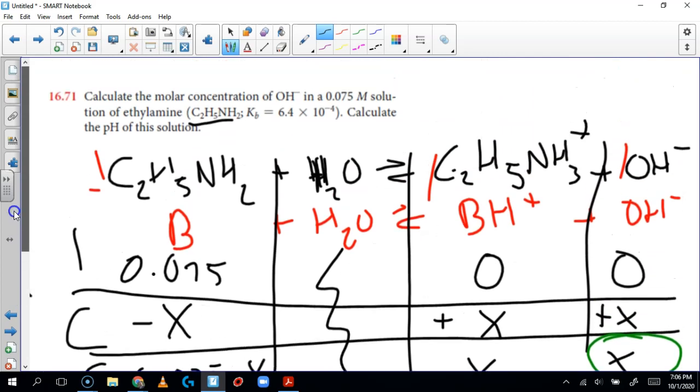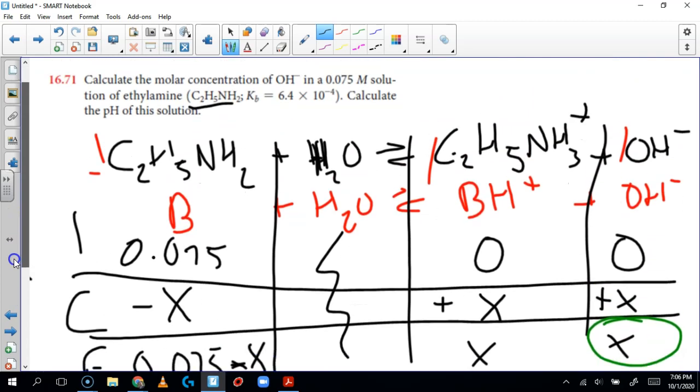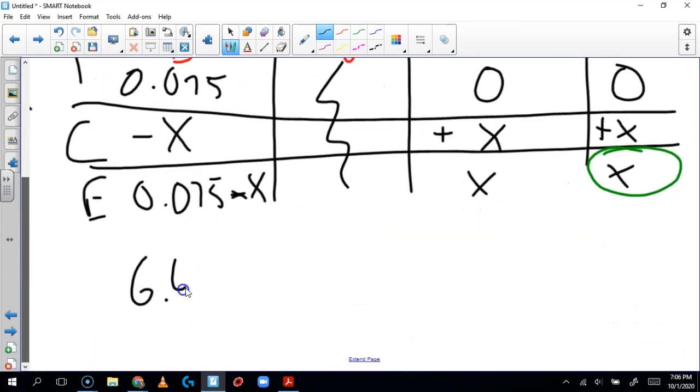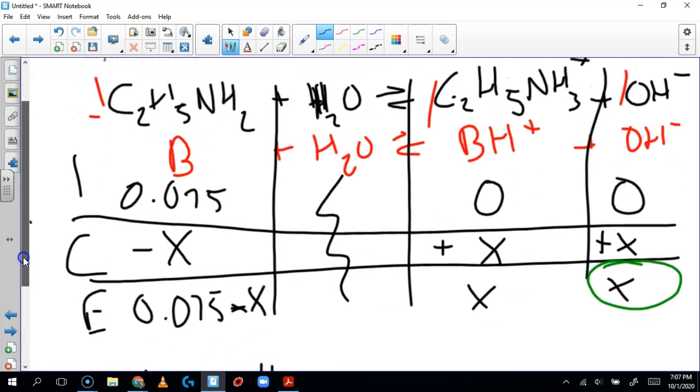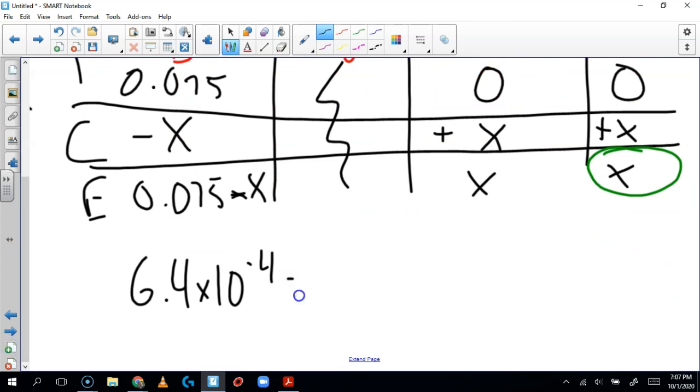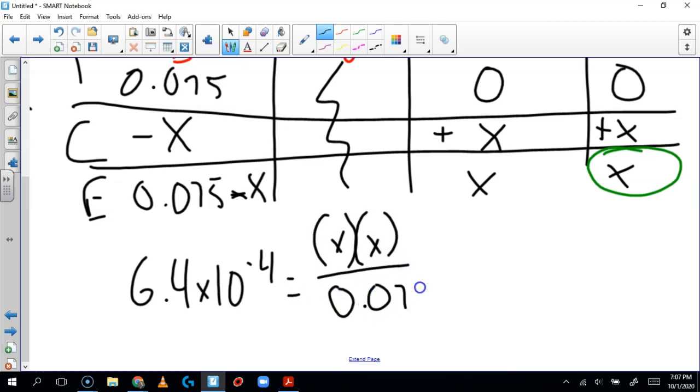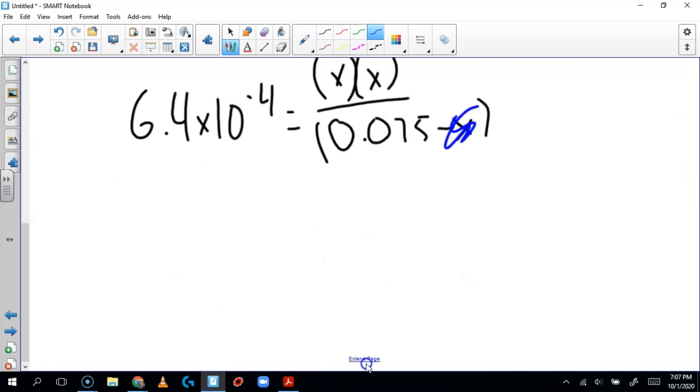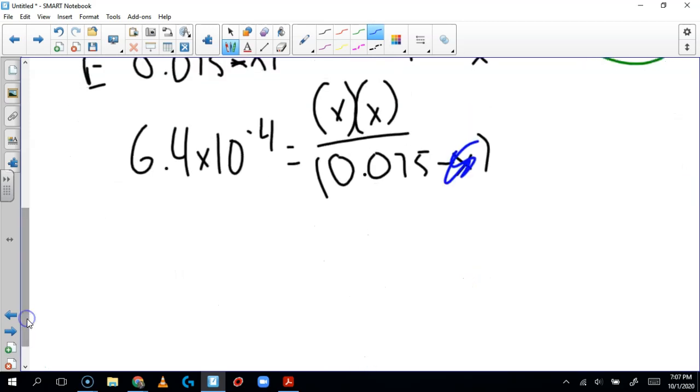So now we need to have the Kb. 6.4 times 10 to the minus 4, let me double check, yep, equals the products, x times x, over the reactants, 0.075 minus x. And we can get rid of the x in the denominator because of the 5% rule. And now we solve for x.